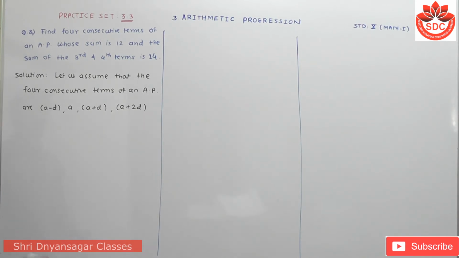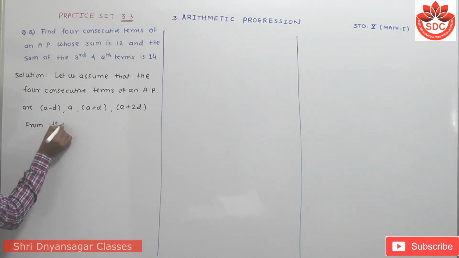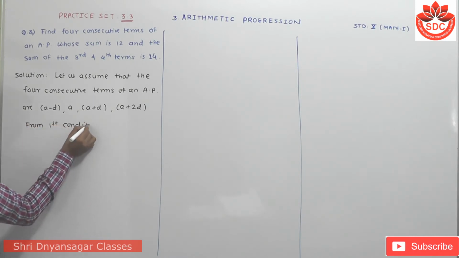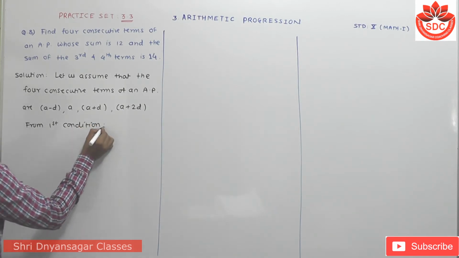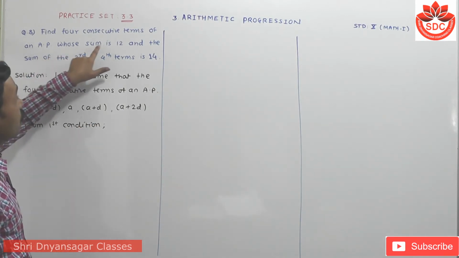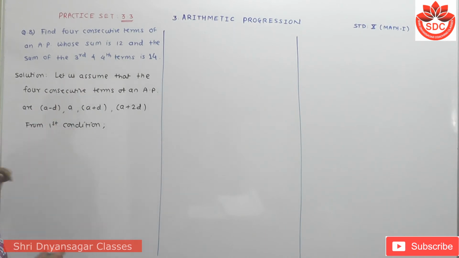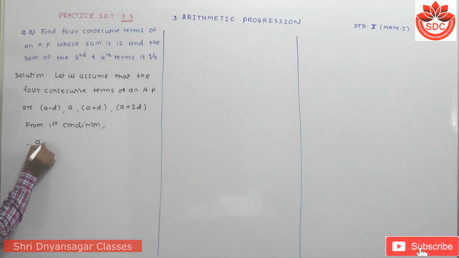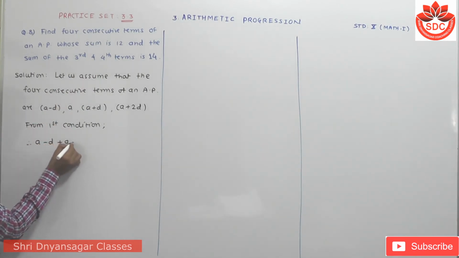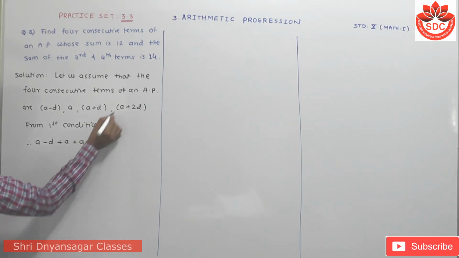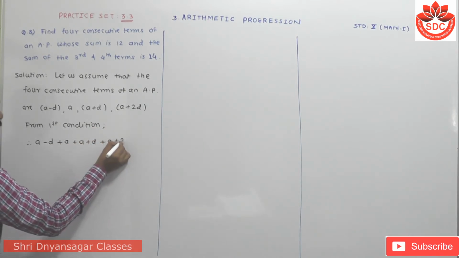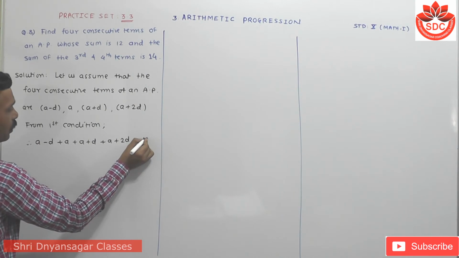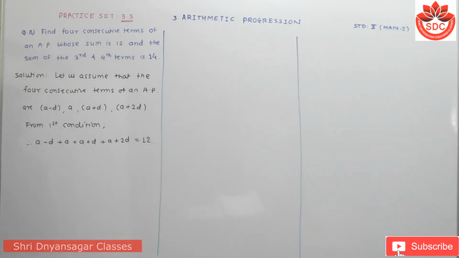Now, by using the first condition, this condition tells us that their sum is 12. So I have to write a minus d plus a plus d plus a plus twice d is equal to how much? 12. Look carefully student, this minus d and plus d get cancelled.